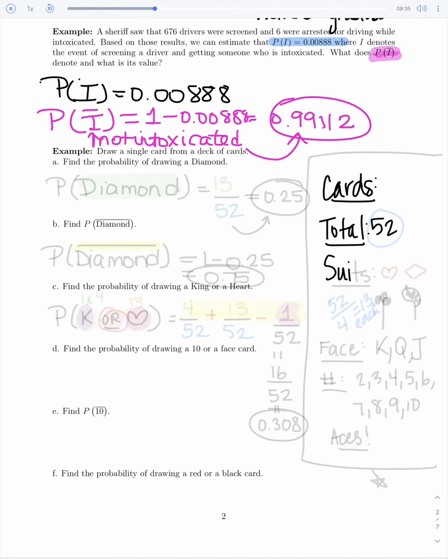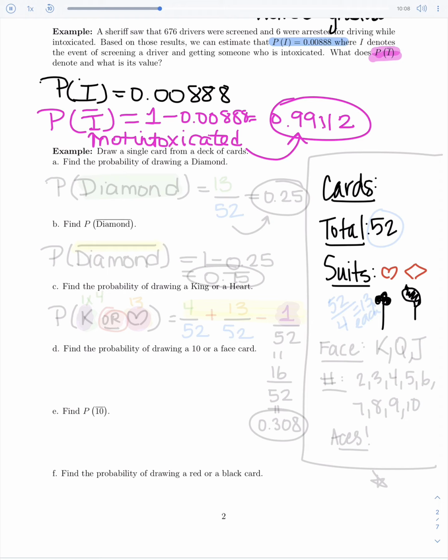Our cards are broken up between suits: the hearts and diamonds, and then clubs and spades. Not the greatest artist. Remember, the hearts and diamonds are both red cards, and the clubs and spades are both black cards.